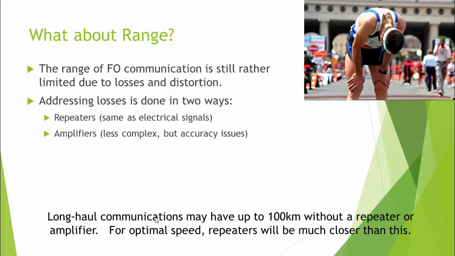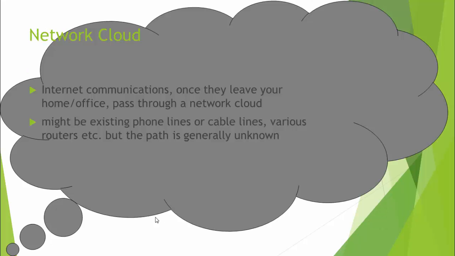But it's a very different beast with fiber optics versus Ethernet cables. So long-haul communications can go up to 100 kilometers without a repeater or an amplifier. If we want faster speed, we'll put the repeaters closer together, but still much, much further apart than 100 meters.